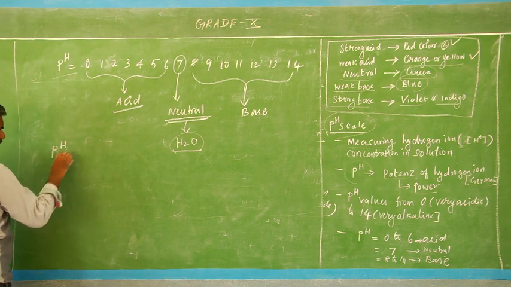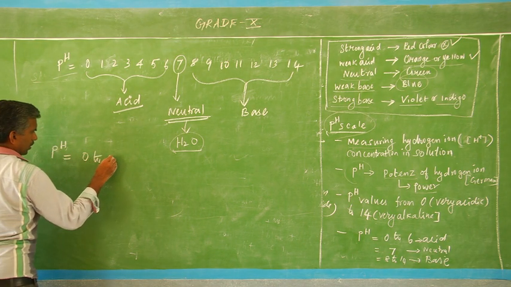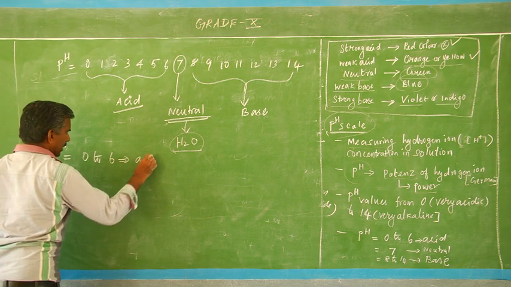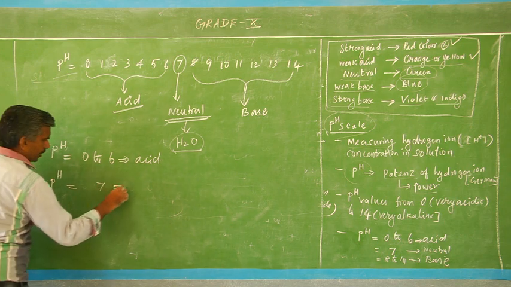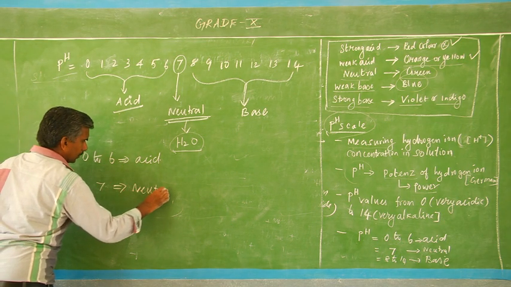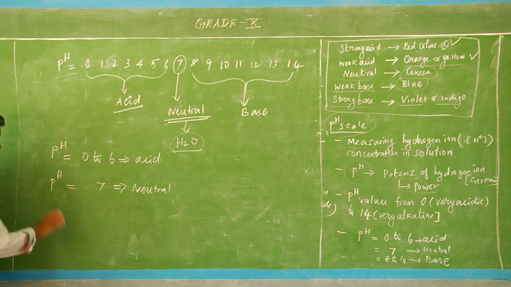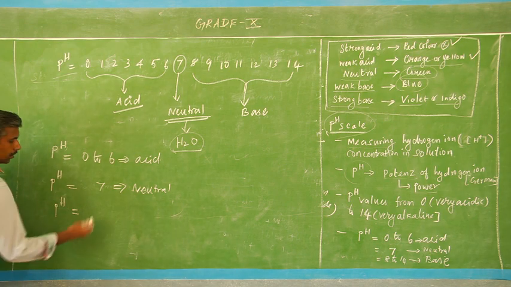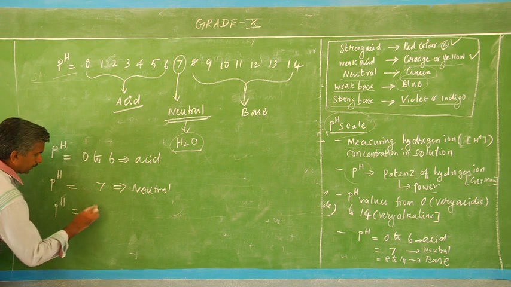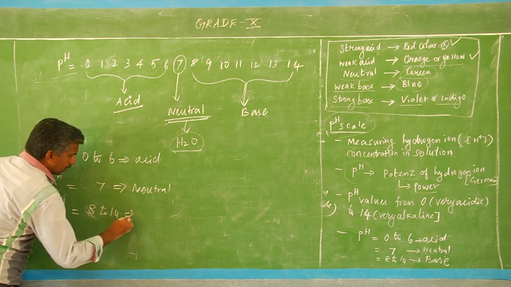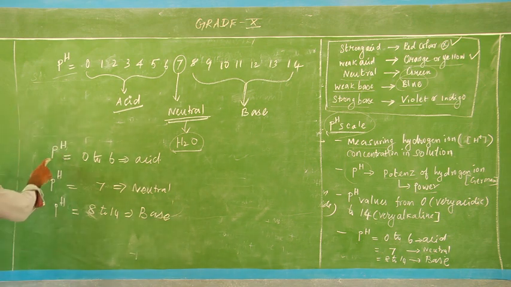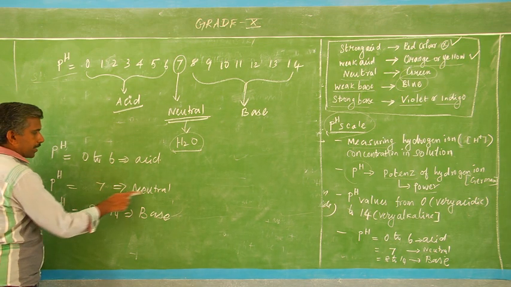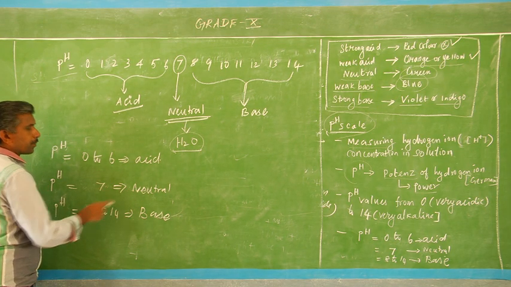So pH 0 to 6 is known as acid, pH 7 is neutral, and pH 8 to 14 is a basic solution.